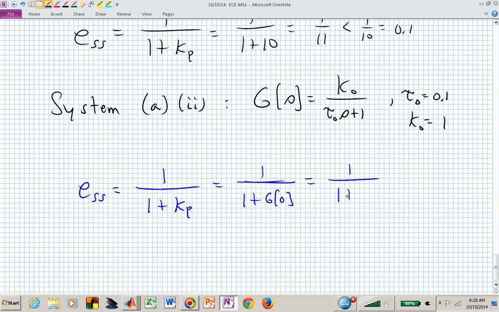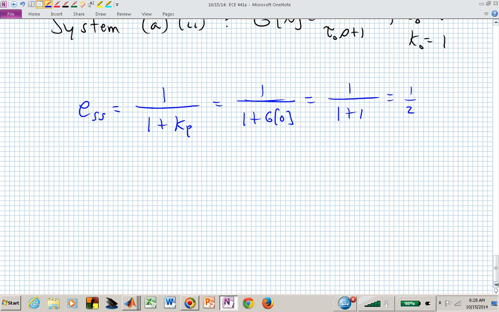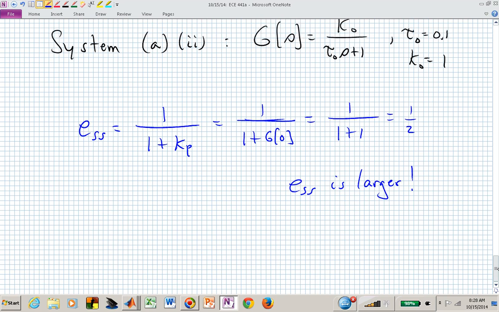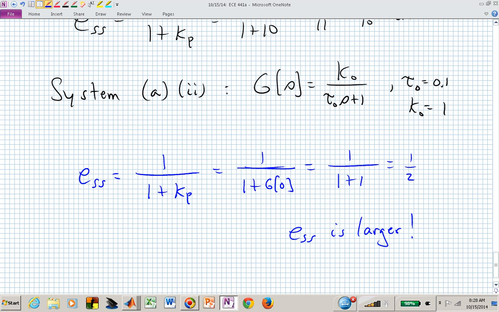So now we have 1 plus 1. Now our steady state error is 1/2. What was our steady state error in the previous system? Less than a tenth, wasn't it? So the error in the previous system was better than this one. This steady state error is actually larger.